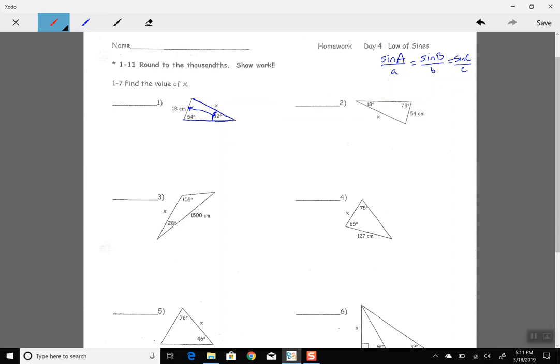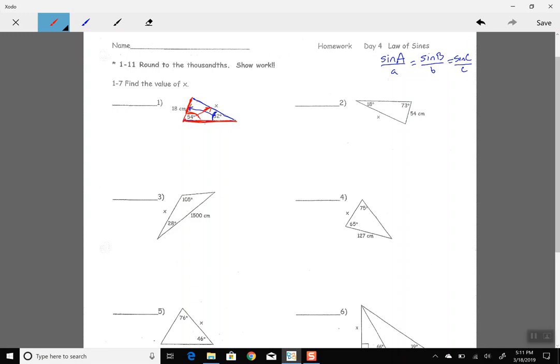If I think about the 54-degree angle, that's these two. This arc opens up to this side, so that 54 degrees goes with the x. And if I figured out the third angle, that would go with this side over here.